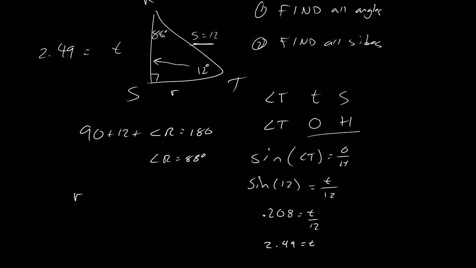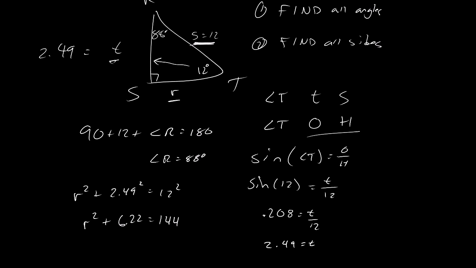Now we just need to find R. We can find R using the Pythagorean theorem, where R squared plus T squared is equal to our hypotenuse squared. So R squared plus 2.49 squared is equal to 12 squared. Squaring, we get R squared plus 6.22 is equal to 144.